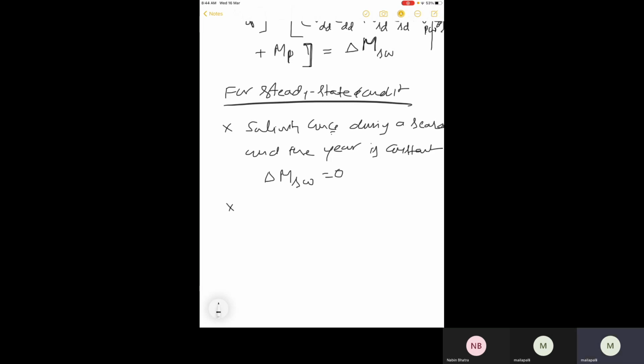And the second is the in situ precipitation, right? Liquid to liquid or solid to liquid is negligible.